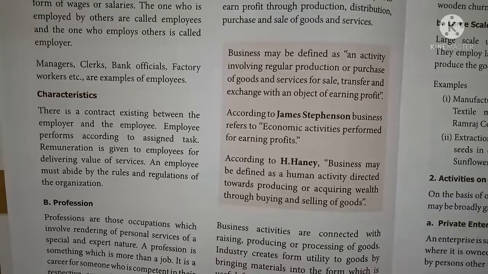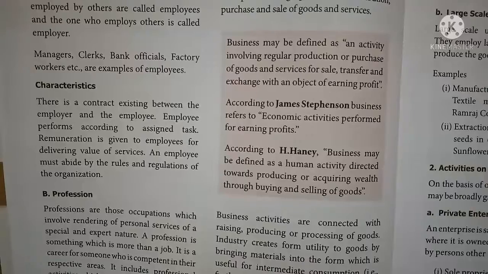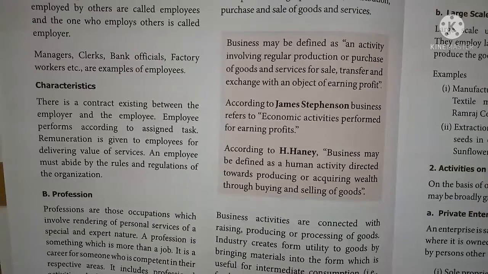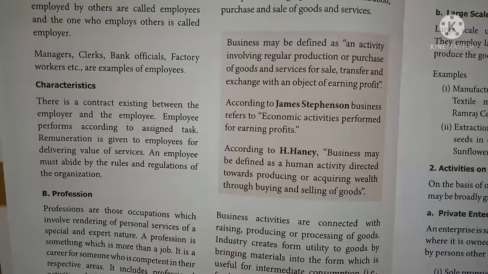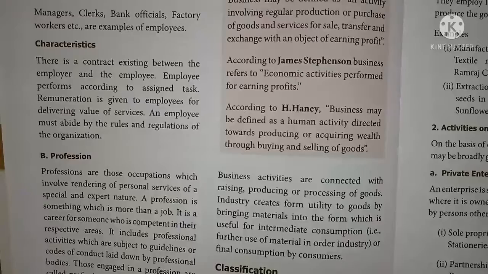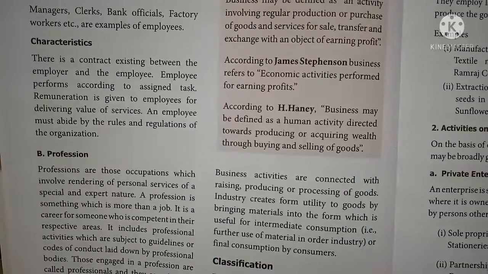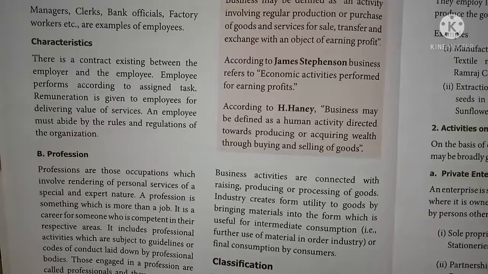Remuneration is given to the employee for delivering the value of services. The employer will give remuneration based upon the work performed. An employee must abide by the rules and regulations of the organization.